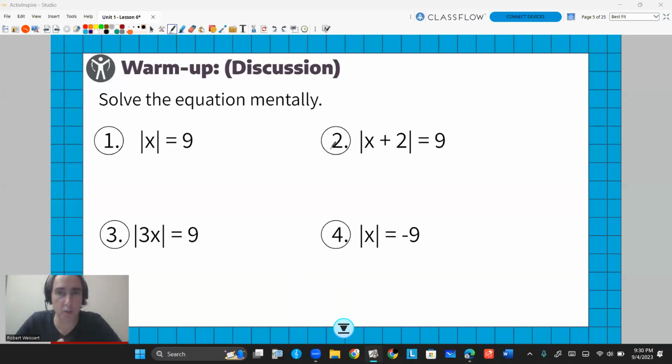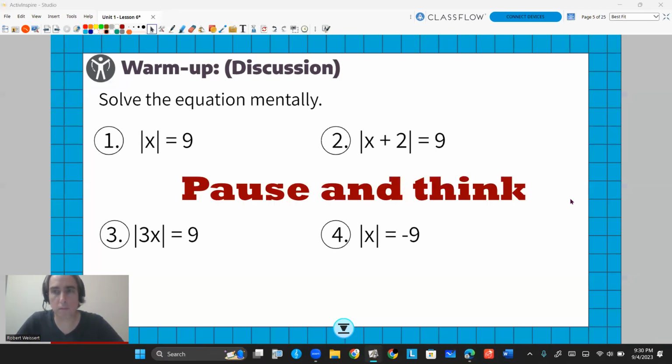When you talk about number 2, the absolute value of x plus 2 equals 9, think of some numbers that'll make it true. What I want you guys to do is click pause again and try to think of those numbers without using other means like a calculator or solving equations. Just see if you can think of those numbers in your head, and then we can go over them.